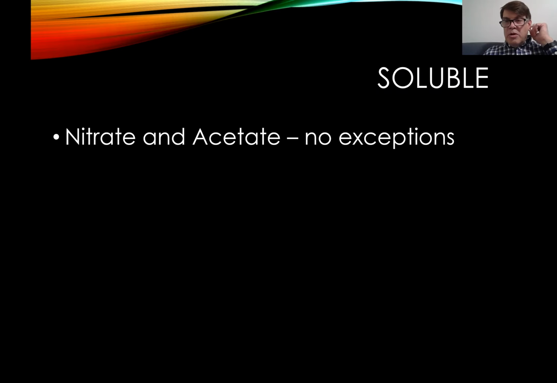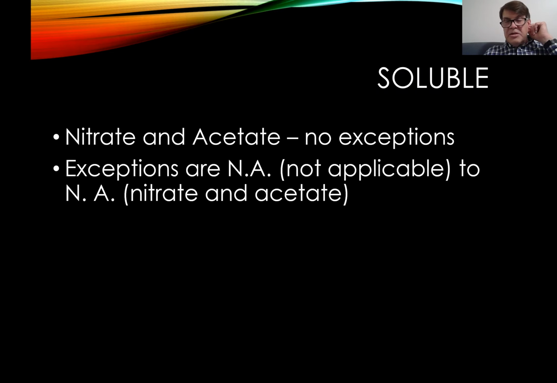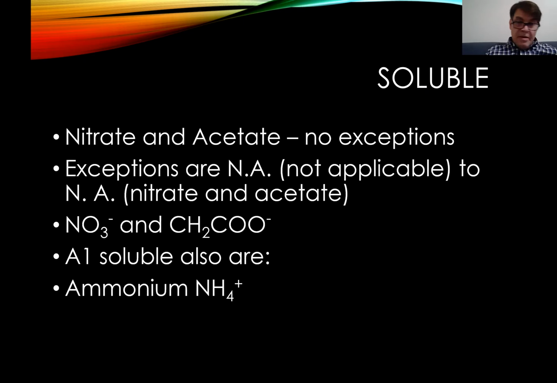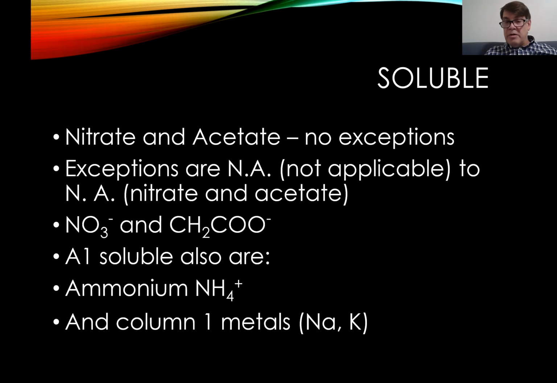Nitrate is NO3, which has a 1 minus charge, and then acetate is CH3COO. So those are the ones that are always soluble, nitrate and acetate. No exceptions, NA. And then ammonium, which is NH4 plus 1, and also the column 1 metals are soluble.